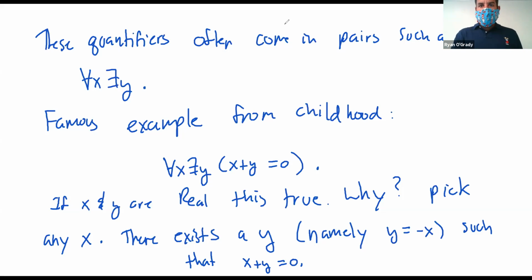For every x, there's always going to be a number y that satisfies this. This is called the additive inverse. I just showed you it's true all the time.